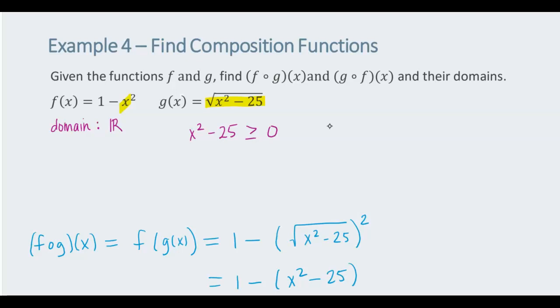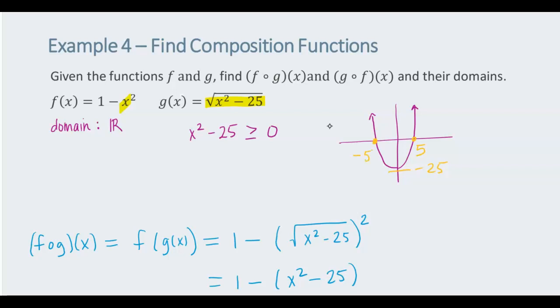Now, what does this graph look like? This graph is a parabola, and it's shifted down 25 units. It's an x squared shifted down. So this point right here is negative 25, right? And then we know that this point and this point are 5 and negative 5.